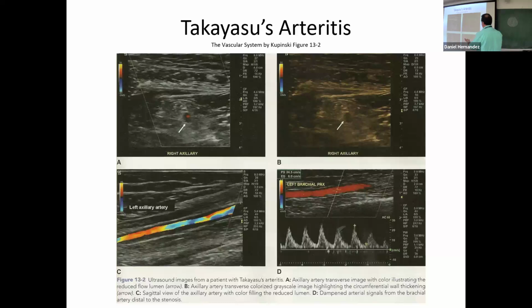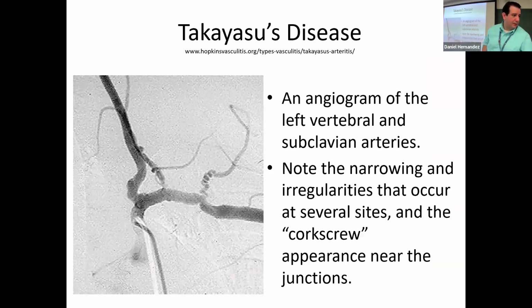So this was right axillary artery now. So with this form of arteritis, similar to Buerger's, the vessels will also take on that corkscrew appearance as well. So you can see that twisting, that corkscrew twisting of the vessel.